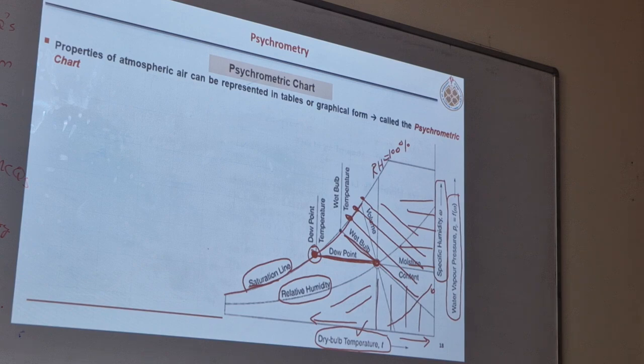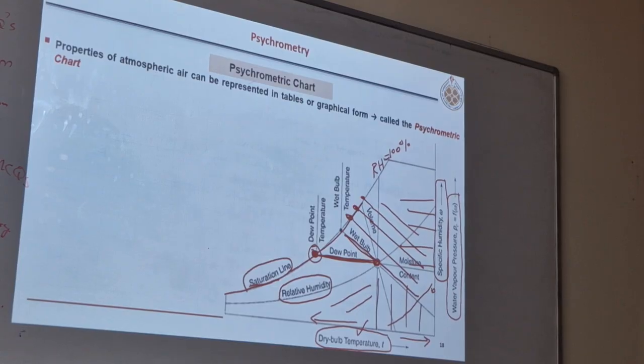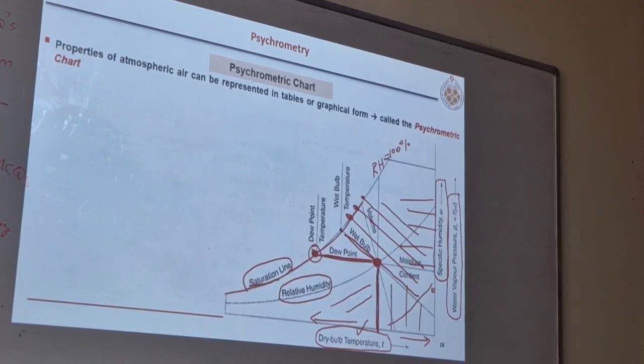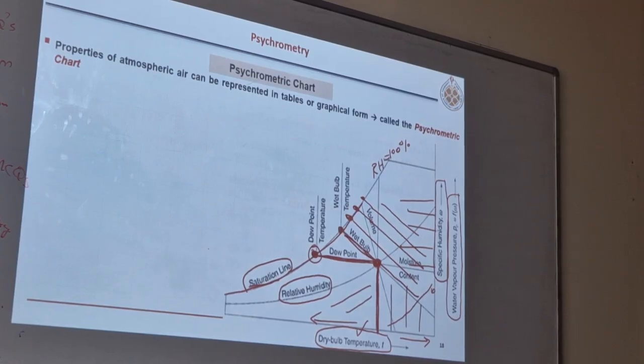But wet bulb means when you are adding moisture into the air. Dew point means you are not adding moisture. You are decreasing its temperature. Moisture is fixed. Look here. This is your air, for example. This air has this much dry bulb. Wet bulb means if you add moisture in it, so here specific humidity is increasing and the temperature will be decreasing.